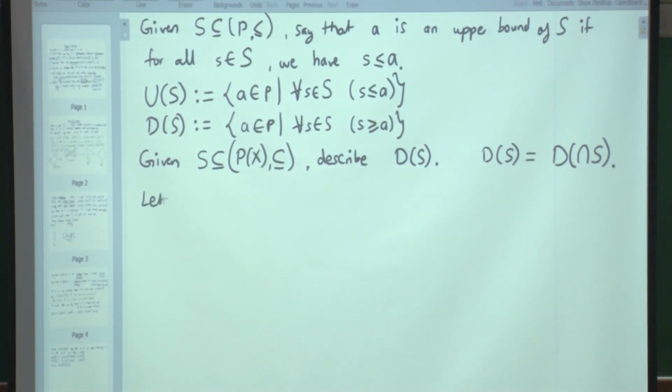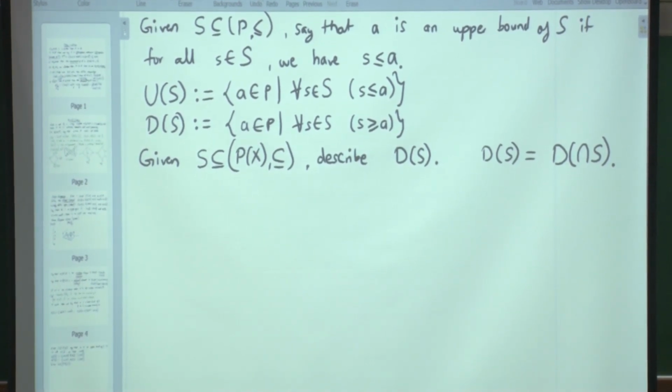So let X be {0, 1, 2} and S be, I will take {0}, I will take {0, 1} and I will take nothing else.